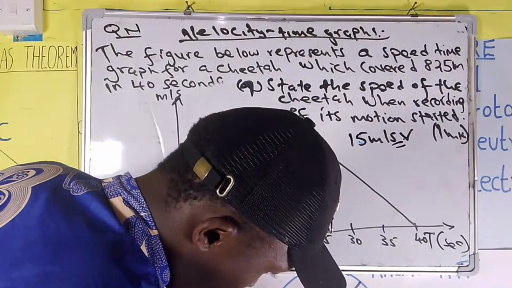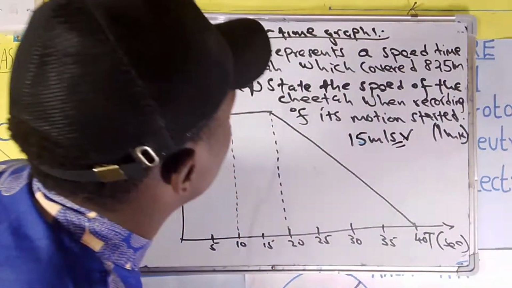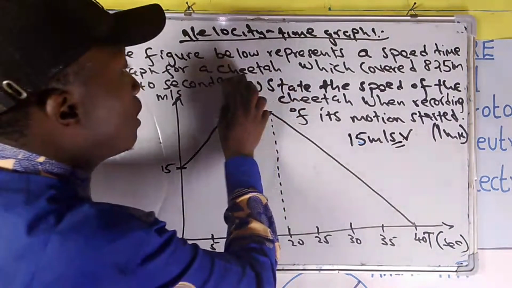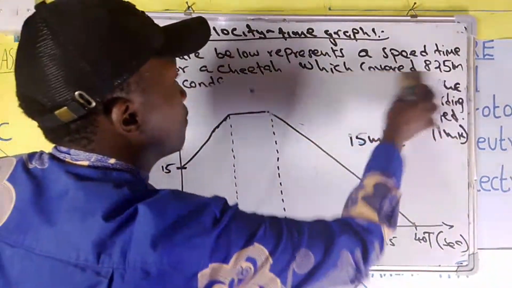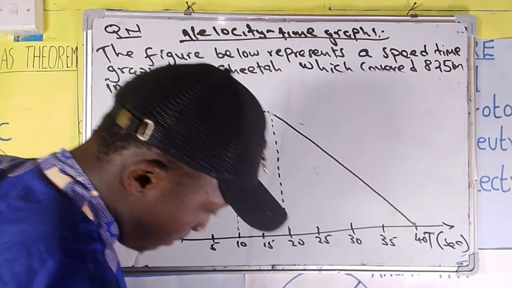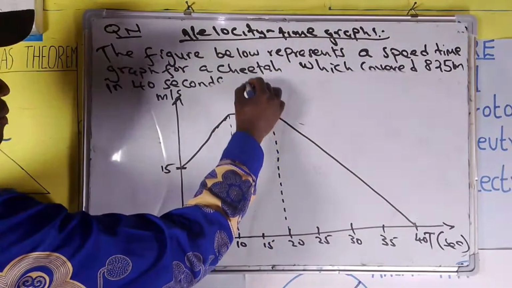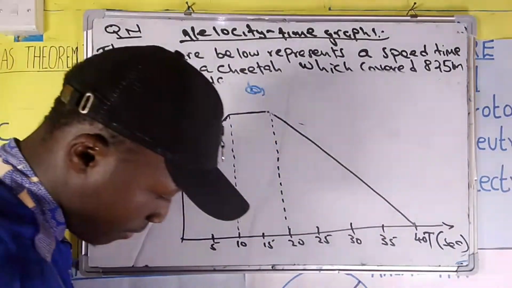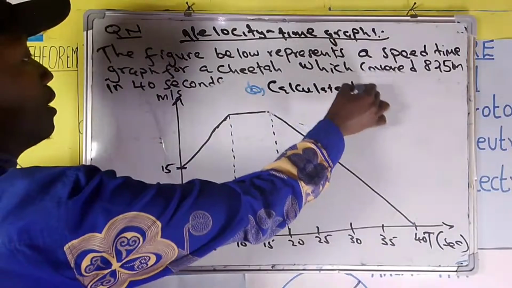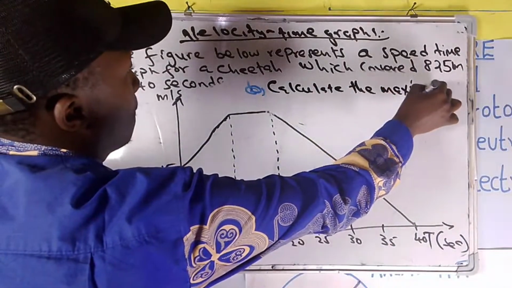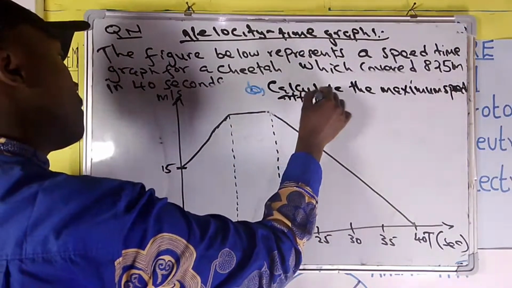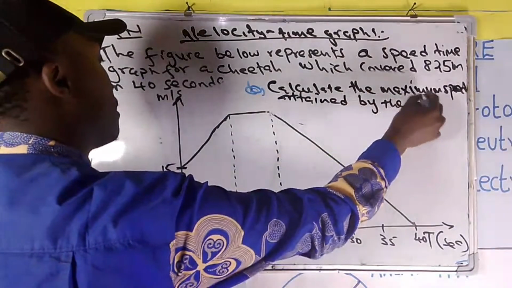The second question, calculate the maximum speed. Sasa hii itabidi tufute tu hapa. Calculate the maximum speed attained by the cheetah.